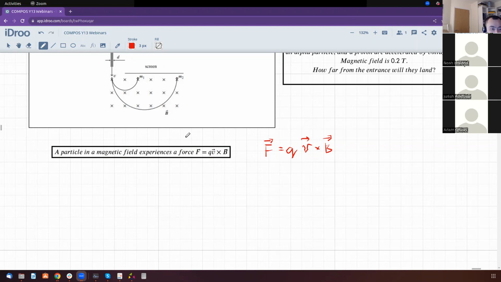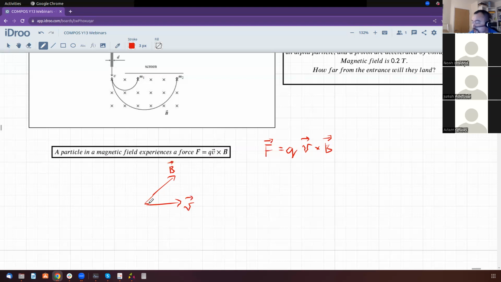And as you can see, if the velocity goes this way and the field is perpendicular, and the field goes like this, for example, so this is the velocity and this is the field B, the force would be perpendicular.